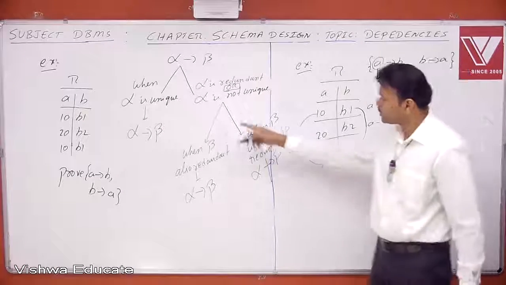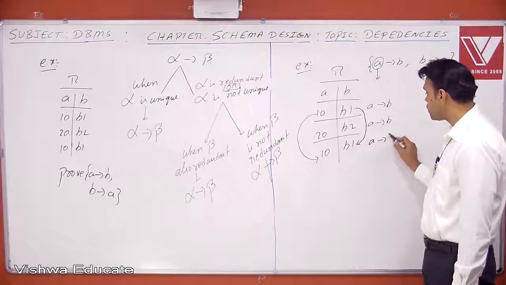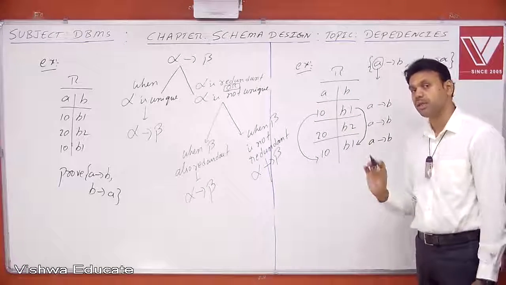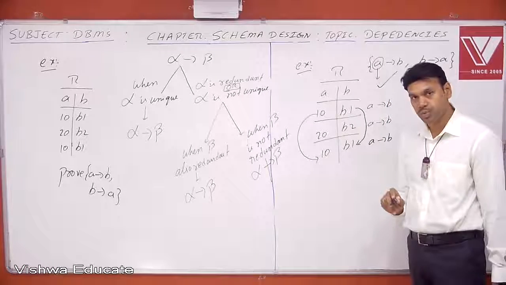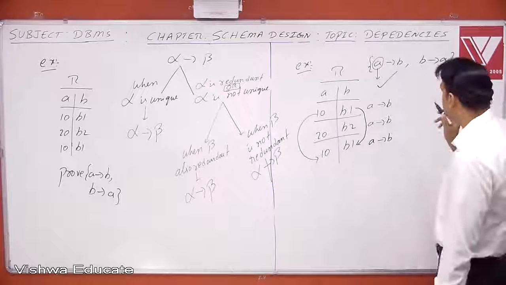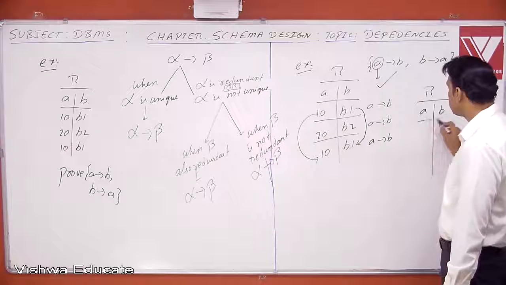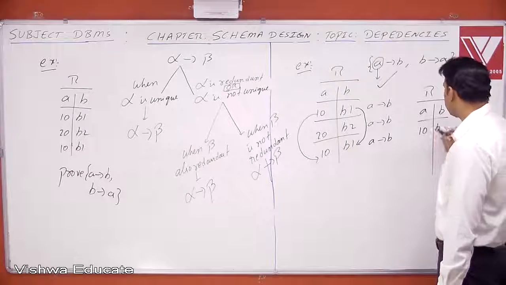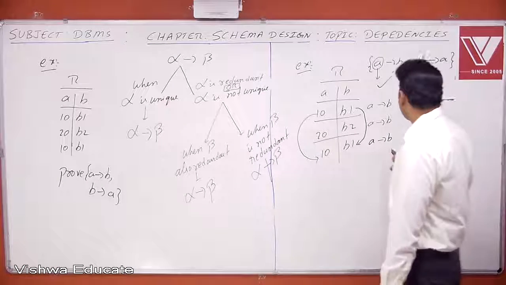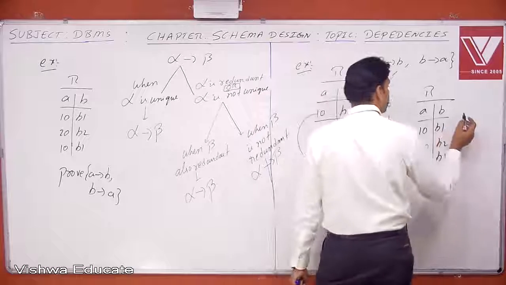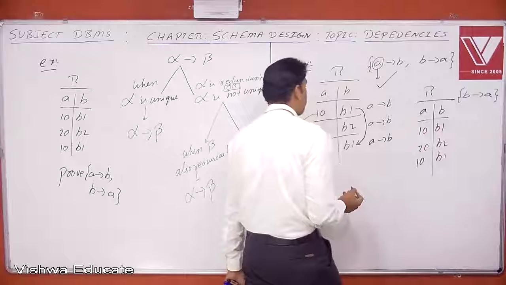So this condition is satisfied and A tends to B is proved. Now let us check B tends to A. Take the same schema once again, with the data given like this, and this time we check B tends to A.